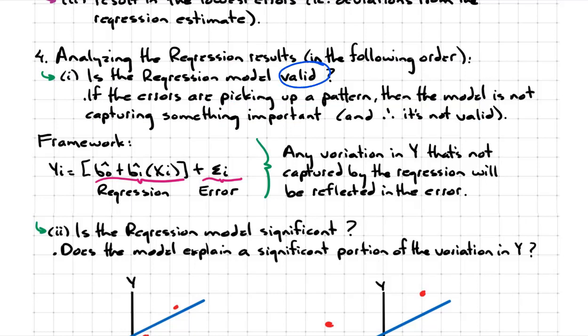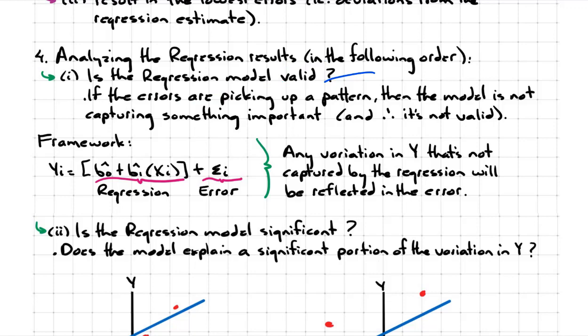Valid, you look straight to the errors. If you want to see if a model is valid, you look and see how the errors are behaving. Now, with a valid model, the errors are supposed to be random. But if the errors are picking up a pattern, it means your model is missing something.